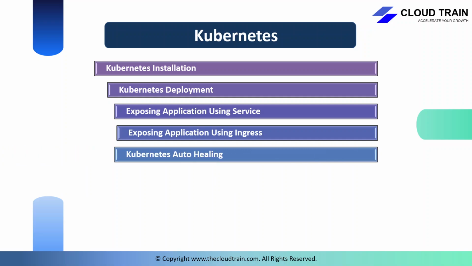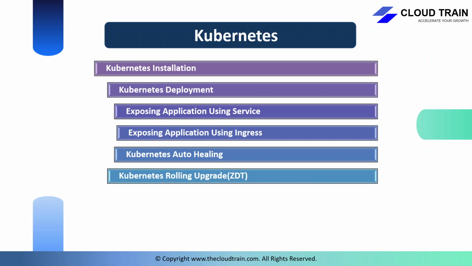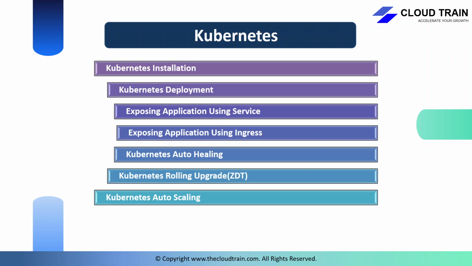And we cover the auto healing feature of Kubernetes, rolling upgrades, zero downtime upgrades that are called ZDT, and we also cover auto scaling and the Kubernetes dashboard. So this is how we cover everything in detail inside our cloud train DevOps training, completing all modules in detail from basics till advanced.